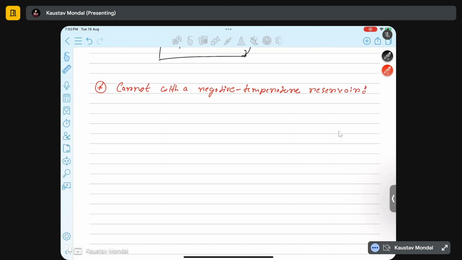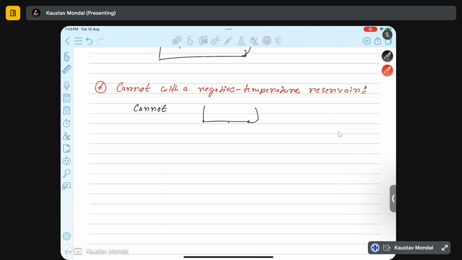So let's take the Carnot engine. As we have discussed, this is a Carnot engine.